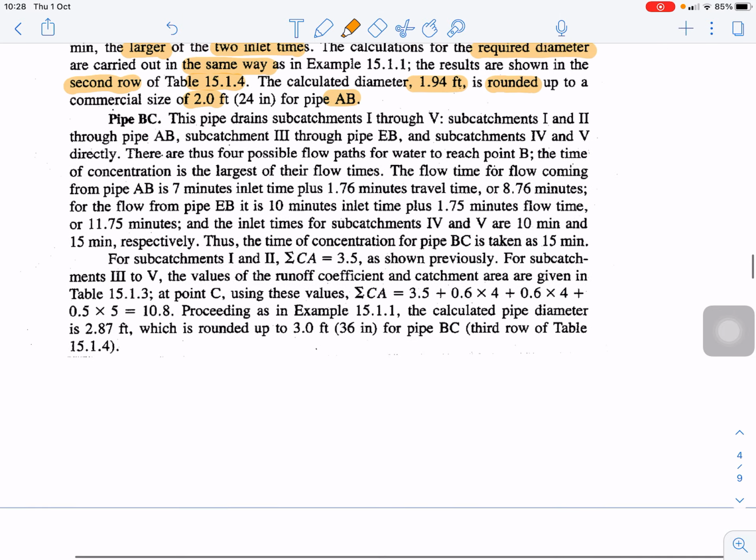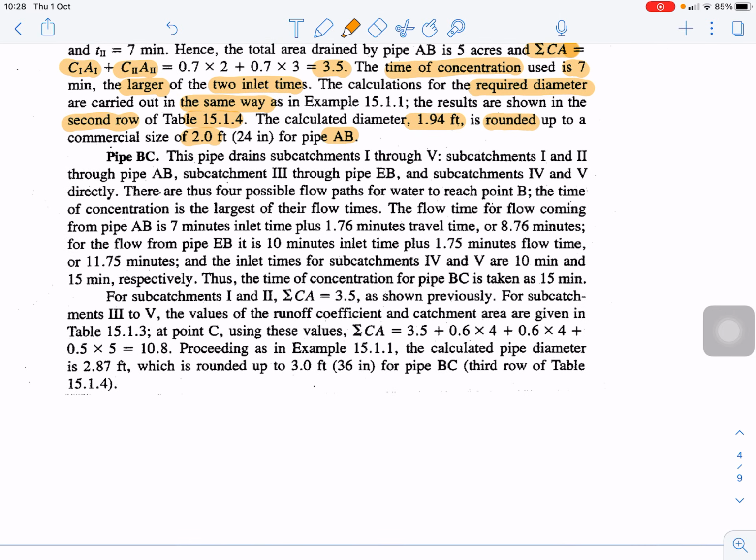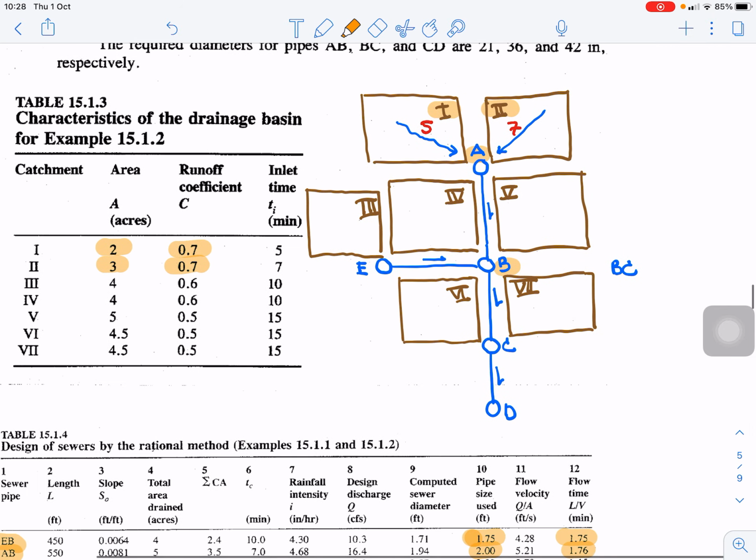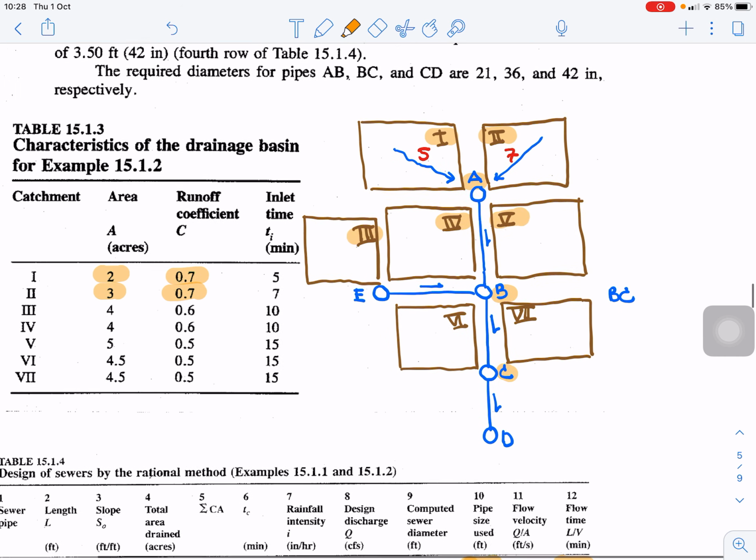Next, pipe BC. Pipe BC drains from subcatchment 1 to subcatchment 5, as you can look at here; it drains from 1, 2, 3, 4, 5. Next we check the time of concentration.